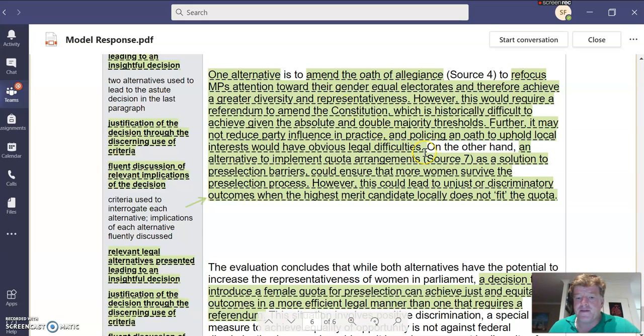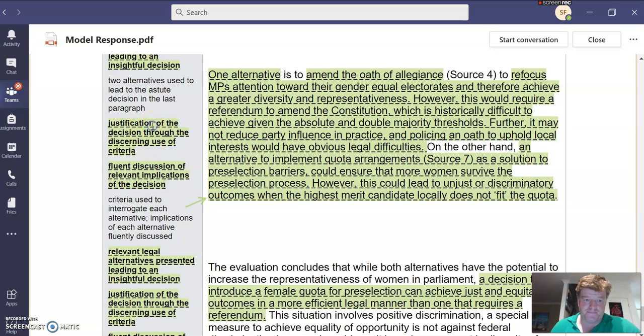Okay. Then they go to a second alternative. On the other hand, or you could easily just say a second alternative is to implement quota arrangements, because that way then more women would be selected at the pre-selection level, so they'd be standing as candidates and going from there. So it's really clear what the two different alternatives are there.